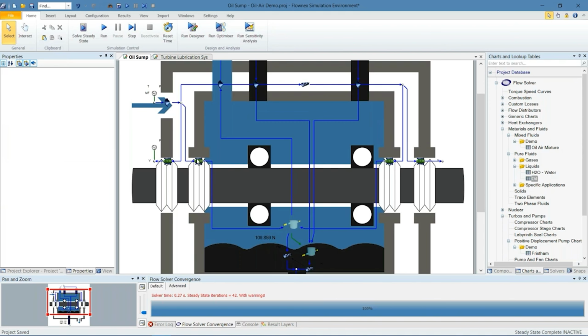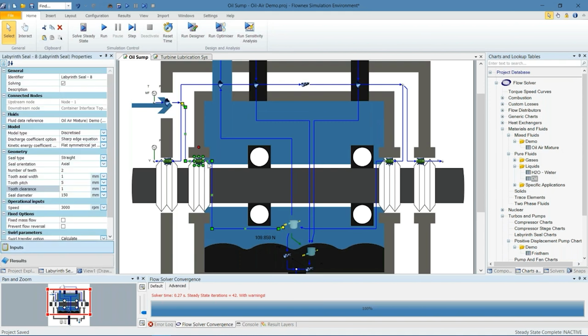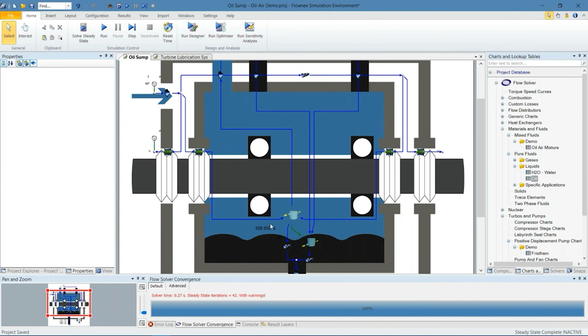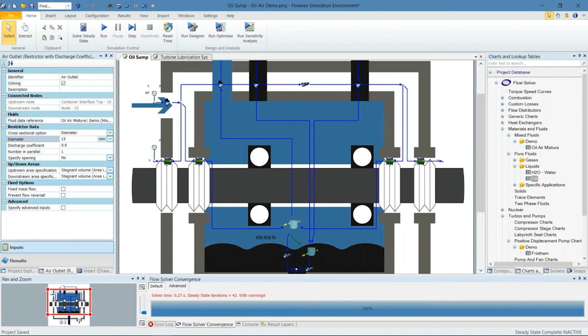To overcome this, we could either increase the clearance on our labyrinth seals to have less of a pressure drop from our secondary air into our bearing housing or bearing chamber, or alternatively, we could increase the pressure drop at the outlet, basically make this hole smaller. So I think this is an easier way to achieve the same result.